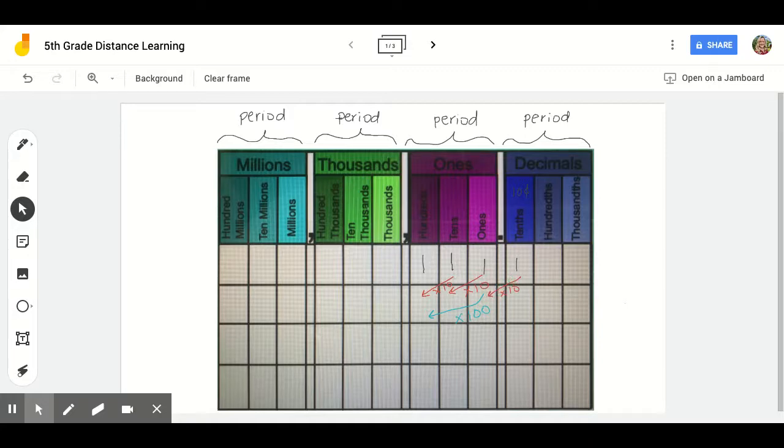But what if I'm going the other way? What if I want to go from the ones place to the tenths place? Okay, so I'm going to erase these for right now. So now I'm going to go the other direction. I'm going from the ones place to the tenths place.